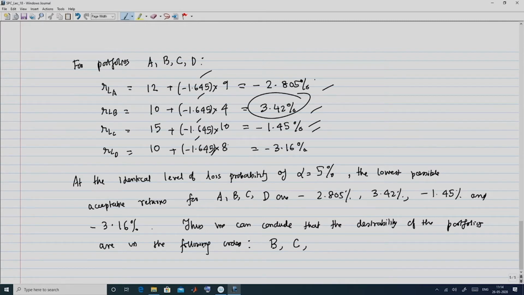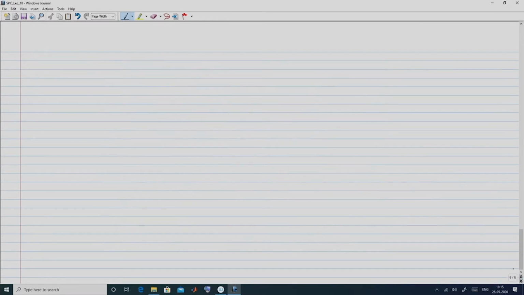Then I will have A, which is minus 2.805%, and then finally we have D, which is minus 3.16%. So I am choosing starting with the highest RL, the insured level of return, and coming down all the way to the lowest value, which is minus 3.16%. Okay, now let us see how this turns out graphically.